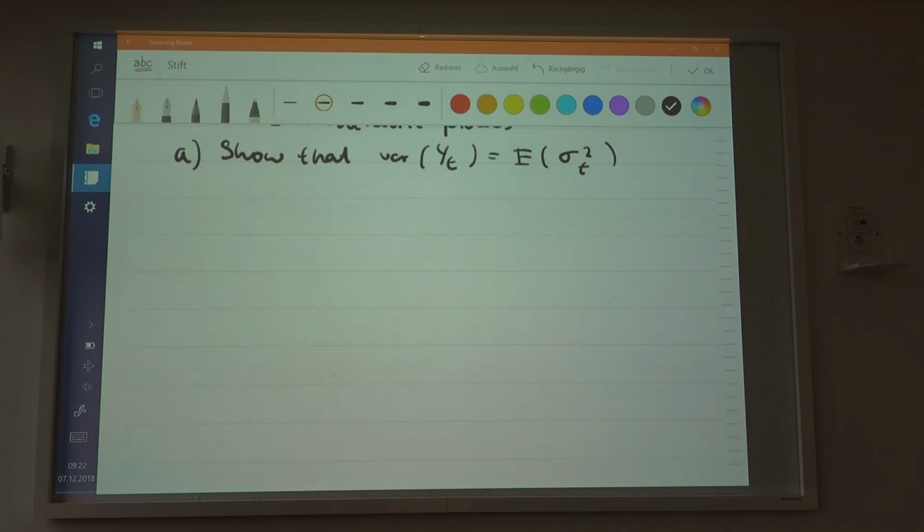So what you would do is calculate the expectation, first off the conditional expectation. Or we can start with the variance here. It's relatively easy.